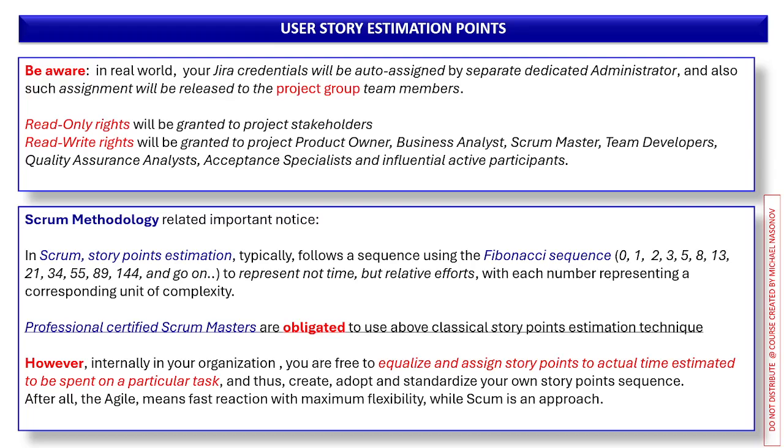And professional certified Scrum Masters, because they're certified, are obligated to use this classical story points estimation technique. However, please note that internally in your organization, you are free to equate story points to actual time estimates or human resource effort to be spent on a particular task. So you can create, adopt, and standardize your own story point sequence.